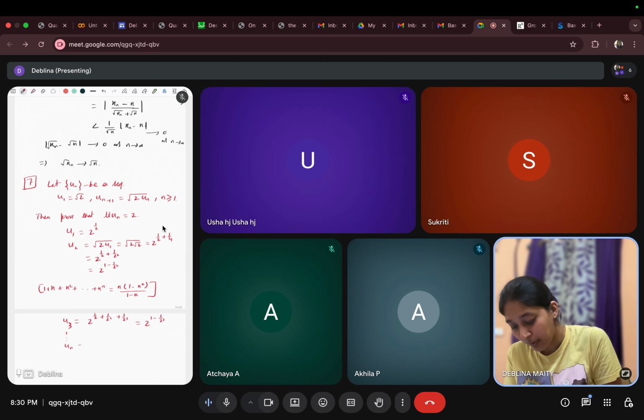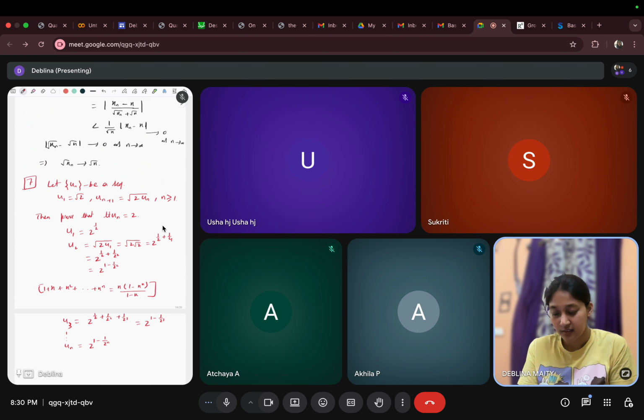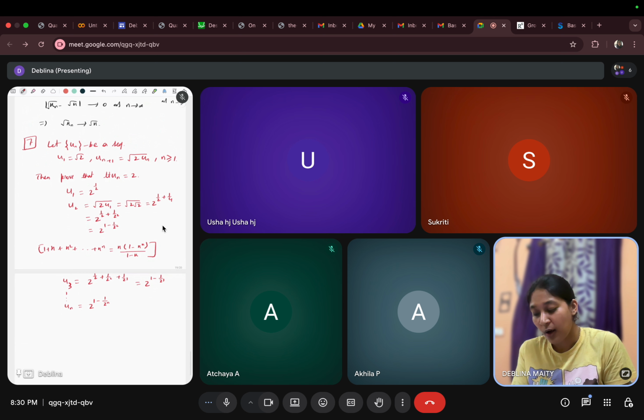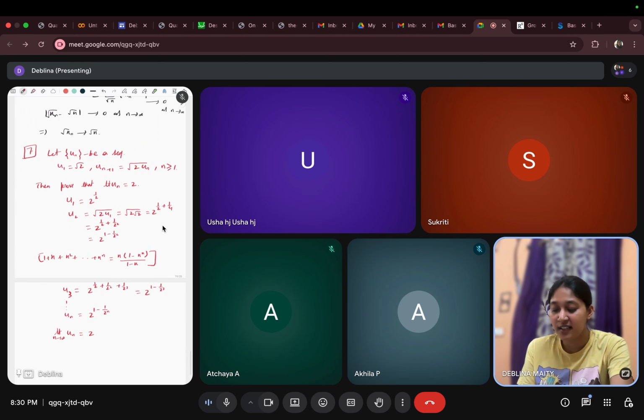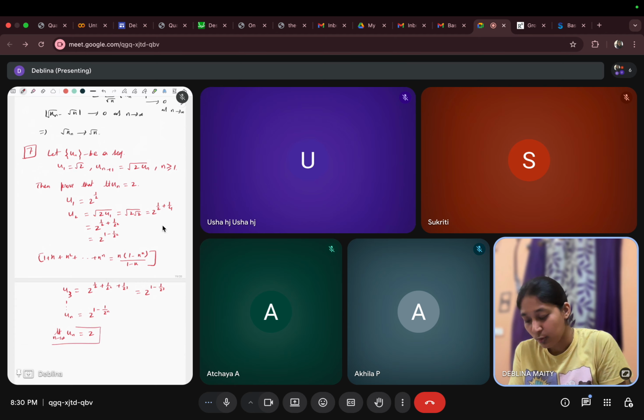So un is what? un will be 2 to the power 1 minus 1 by 2 to the power n, right? Now you can clearly see, if we take the limit as n goes to infinity of un, then this is going to be 2, because as n tends to infinity, 1 by 2 to the power n is going to be 0. So the limit of un is 2.